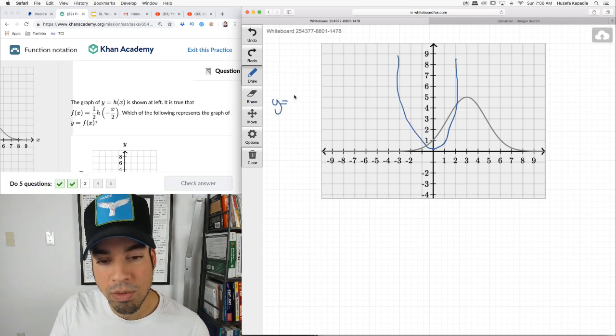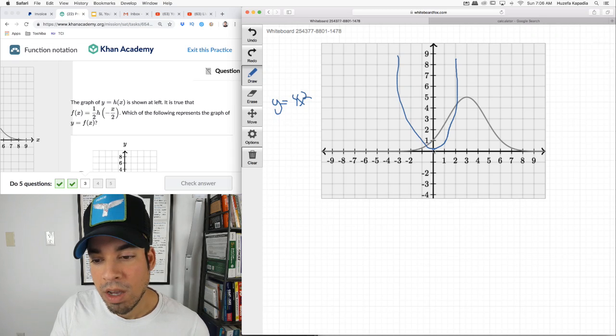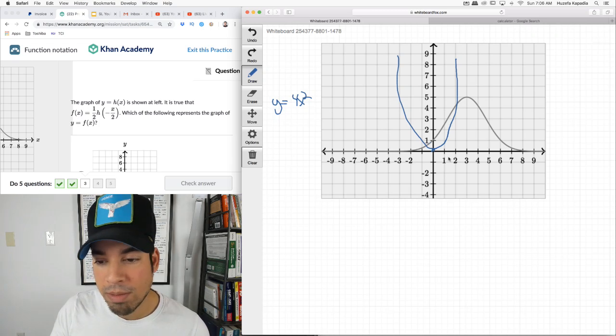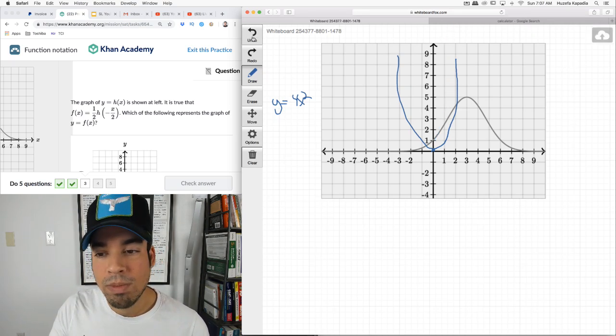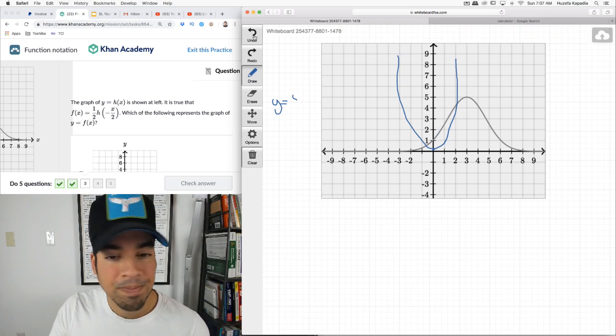And if it was y equals 4x squared, every value is then multiplied by 4. So instead of being 1 here, it'd be 4, because 1 squared times 4 is 4. 2 squared is normally 4, but now 4 times 4 is 16. So this next value would be really up high. You can immediately see that the value of 4 is like compressing it, but it's really a vertical stretch. It's lengthening it. So we remember that, but when it's between 0 and 1, it's the opposite.